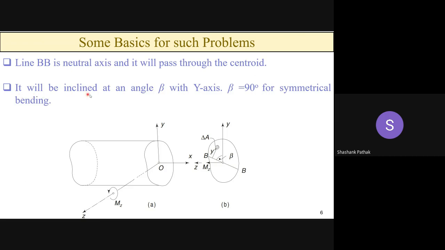However, this neutral axis will be inclined at an angle beta with the y-axis. If beta equals 90 degrees, then this will be the symmetrical bending case. So if this beta, the angle that you see here, is 90 degrees, then this BB line will be passing like this.